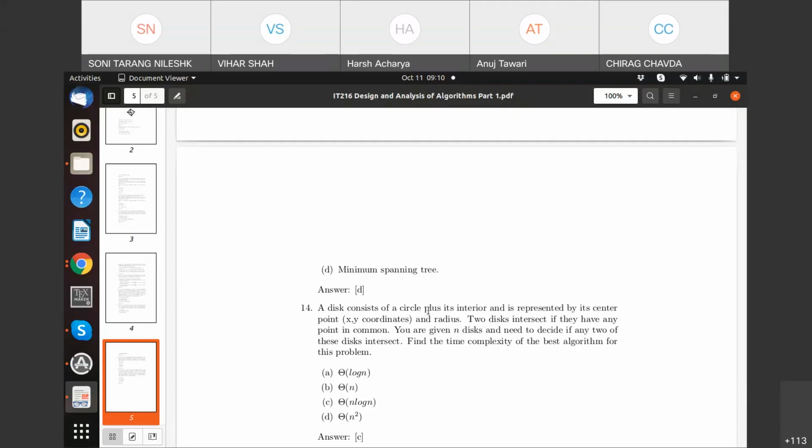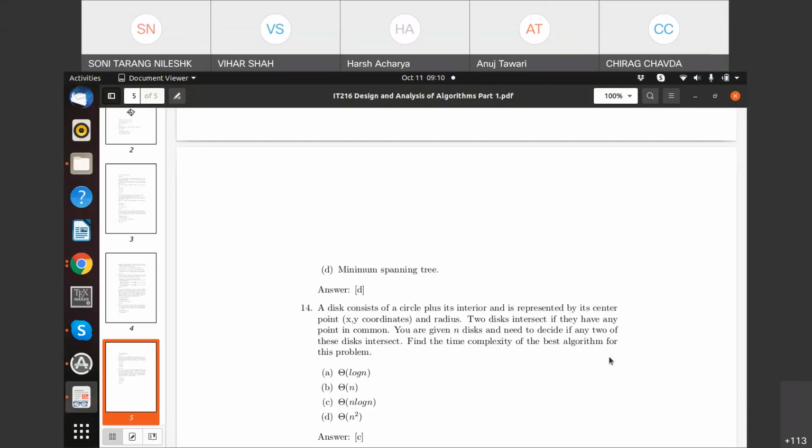That you can easily find using the center point and the radius. This you do for every disk. And then we find the median of all of these points. That you can do using divide and conquer, and it will just take linear time.